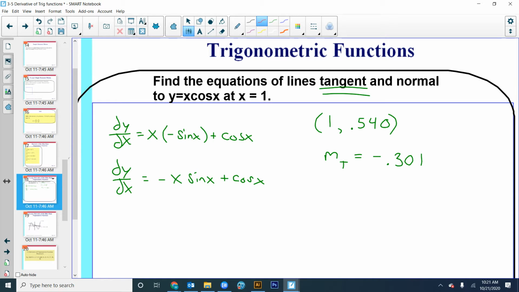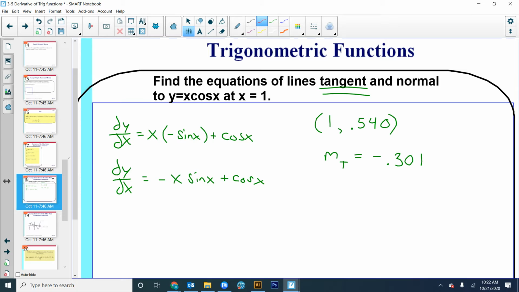When you see that slope, what are you thinking about the graph at this point? Because we've been connecting position and velocity, and not that this problem was a position and velocity and acceleration question, but if your position function is x cosine of x and the derivative is negative 0.301, what information does that tell you about the original, Emma? The curve is going towards 0. And then it's negative, so the slope is negative, which means the function must be going down at that point.